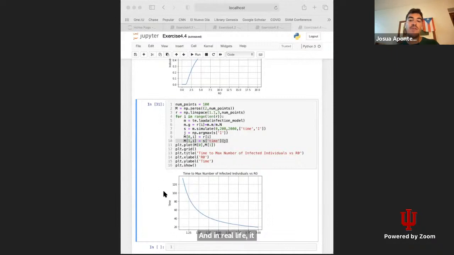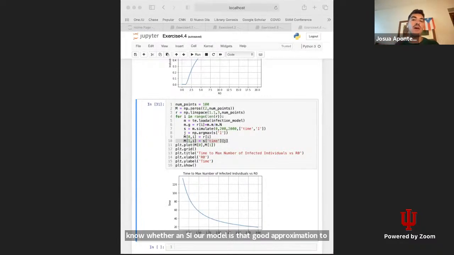in real life types of epidemics, we do not know what the parameters of the model or the parameters of the epidemic are. We actually don't even know what the structure of the model is, which means that we don't necessarily know whether an SIR model is a good approximation to the epidemic or not.